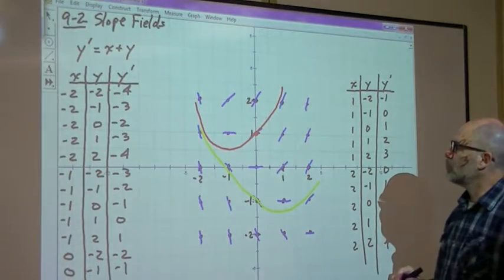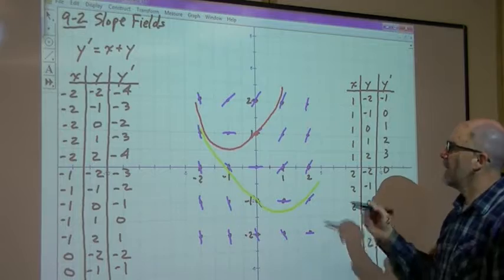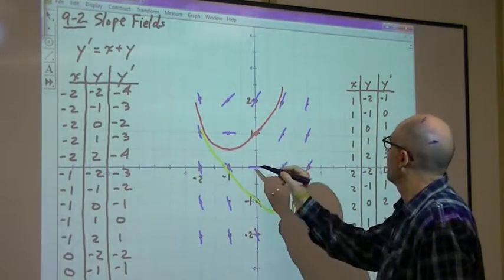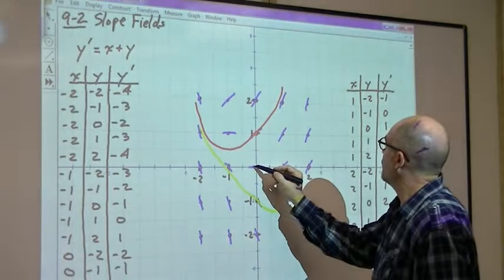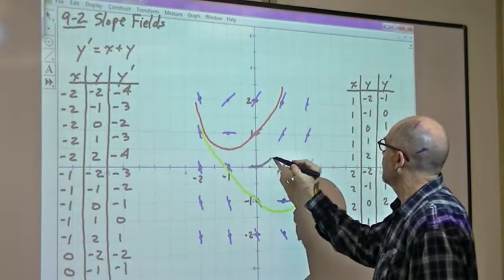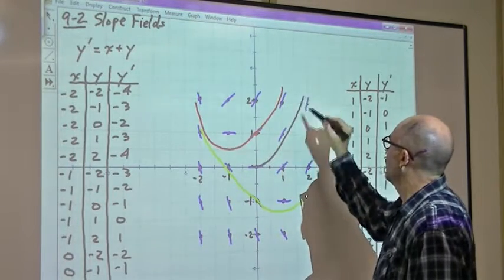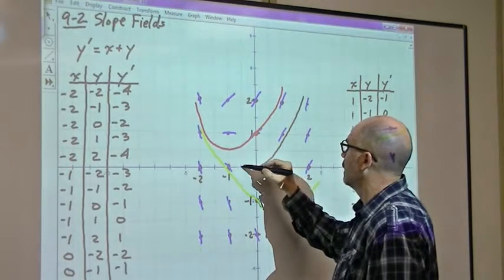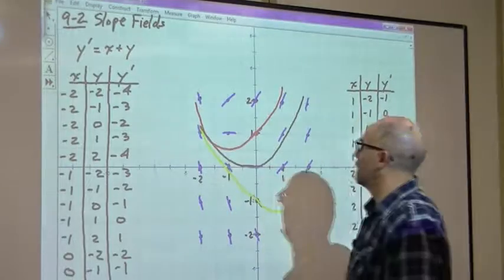Now, if I start at 0, 0, then notice it's going up steeper and steeper, and in this direction it's doing the same thing.